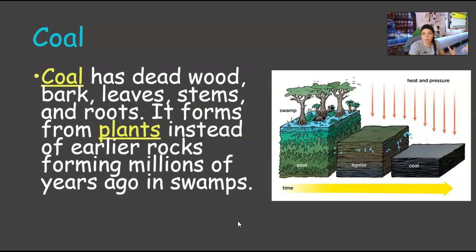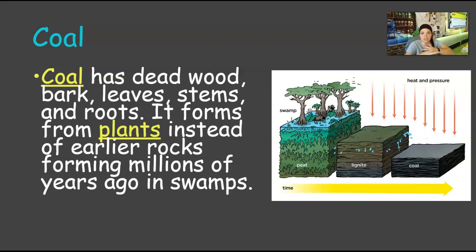Another one is the plant remains. So coal has dead wood, bark, leaves, stems, roots. It forms from plants instead of rocks. And what it means by that is like in swampy, boggy areas, all these trees and plants and leaves and whatnot, they die and they fall over and they're in stagnant water. So it can't decompose. It doesn't have all that stuff to decompose.